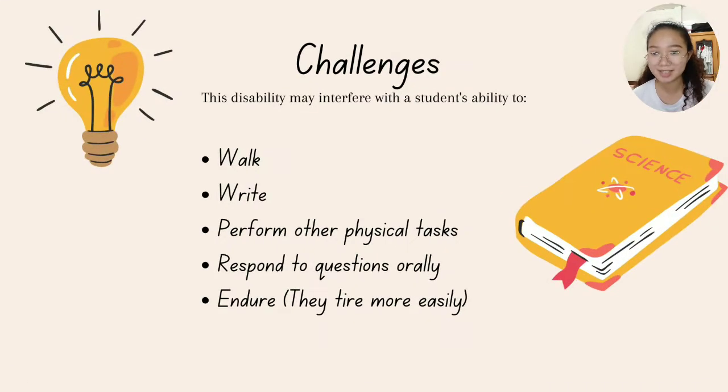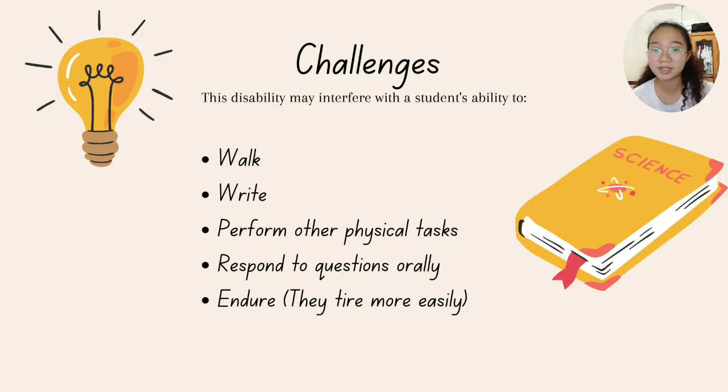So the challenges in having students with orthopedic impairment: this type of impairment may interfere with the student's ability to perform in an educational environment in order to qualify for special services. This disability may interfere with the student's ability to walk, write, or perform other physical tasks in the classroom and laboratory setting.